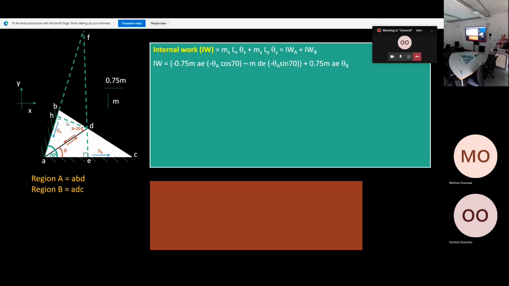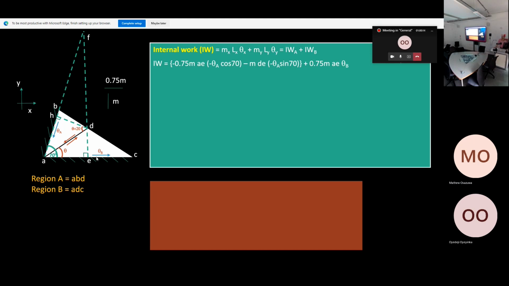So if I draw a horizontal line here, the angle there will be 70. Therefore, the projection of this vector onto the x-axis will be theta A cos 70. Clear, everyone? Okay. You do the same now for region B.